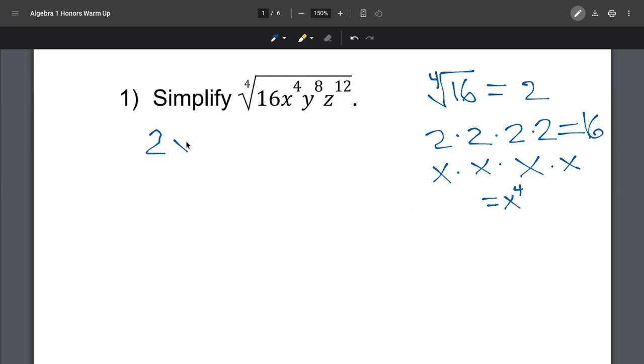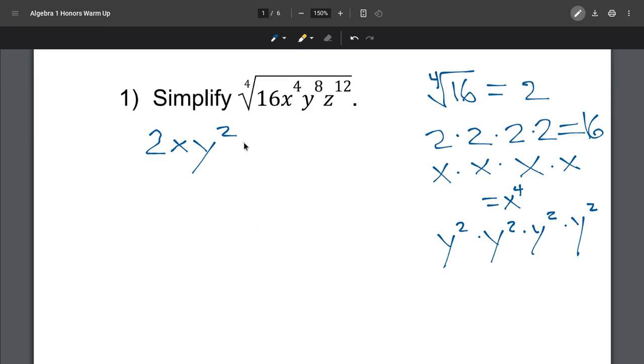So we've got 2x, then y squared. If you take 4 y squareds and multiply them together, you've got the same base of y, so you add 2 plus 2 plus 2 is 6, plus 2 is 8.